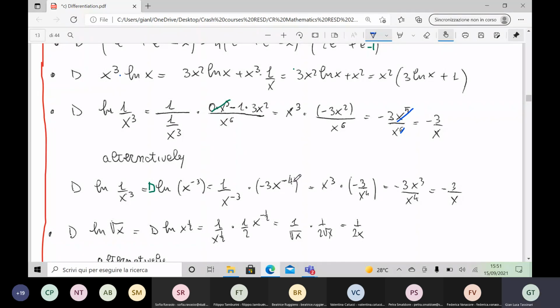We have already seen that you can change the sign of the exponent to move x. Now you can put x to the minus 4 in the denominator by changing the sign of the exponent. So minus 3 over x to the power 4. You can simplify x to the power 3 with the 4, and you get minus 3 over x. Okay, same result.